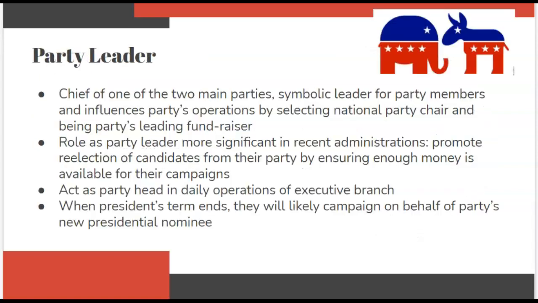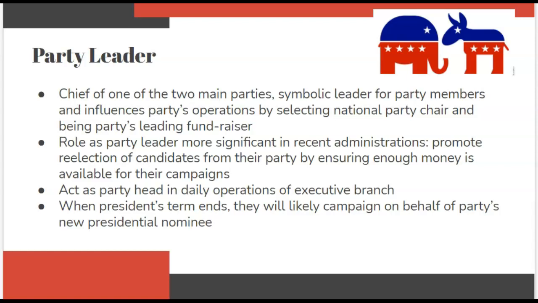In addition to being chief legislator, chief economist, the president is also the party leader, the figurehead, the face of the party. The president selects the national party chair and is the most influential leading fundraiser. The president plays an important role in promoting the re-election of candidates from their party by ensuring enough money is available for their campaigns.